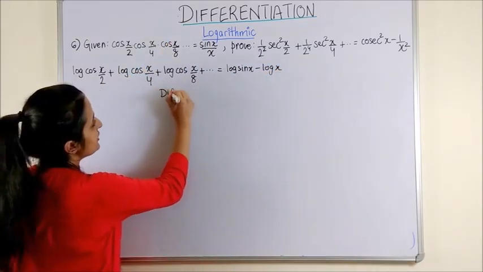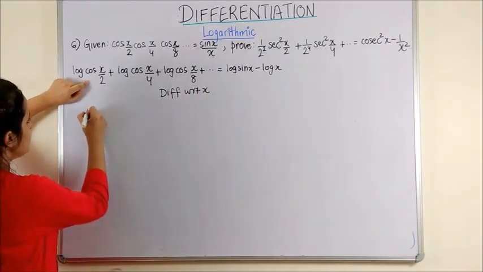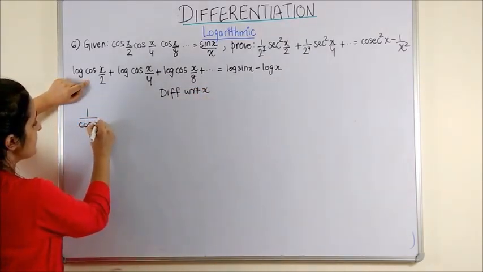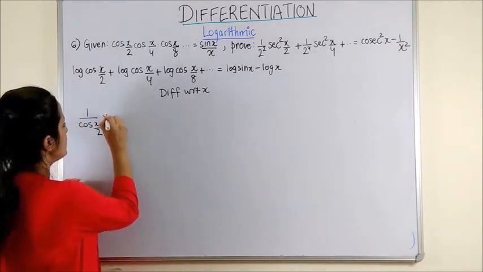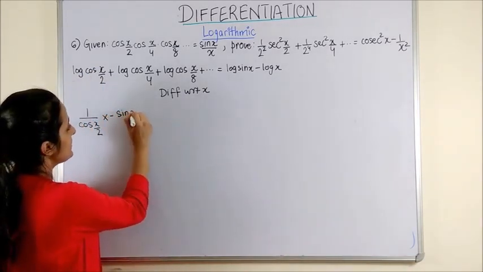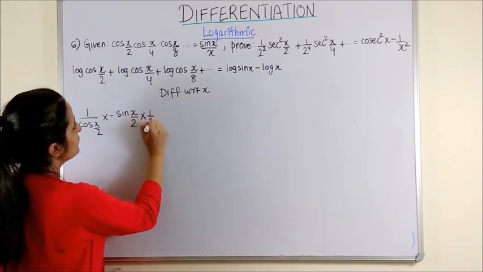So now differentiating with respect to x, we get the derivative to be 1 upon cos x by 2 into derivative of cos x by 2, which is into minus sin x by 2 into 1 by 2.